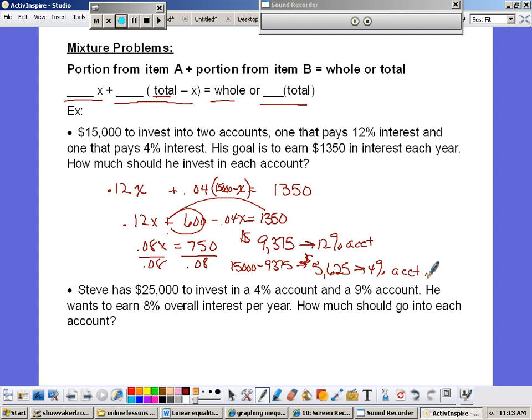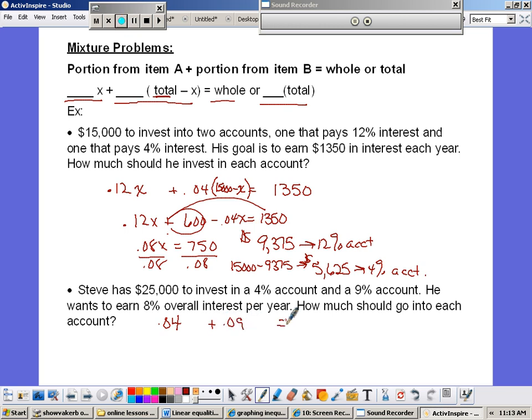Let's try another one. Steve has $25,000 to invest in a 4% account and a 9% account. He wants to earn 8% overall interest per year. How much should go into each account? Well, he has a 4% account and he has a 9% account.